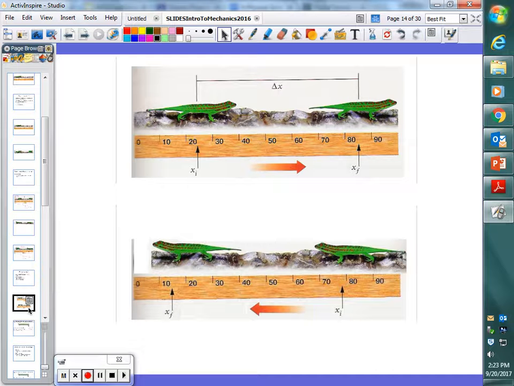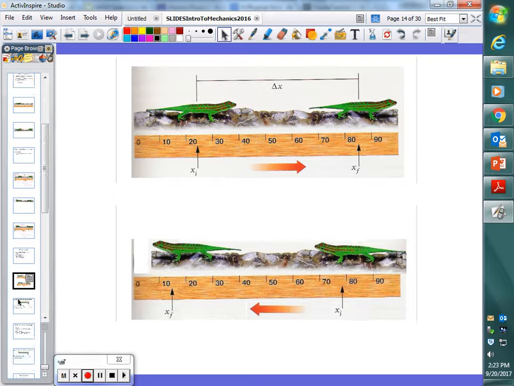Which direction we've gone, right? So we talked about the difference here of these two lizard motions, right? One going one way, one going the other way. How do we distinguish this way from that way? Positive, negative, right? Okay, good there? So that handles where the object is and what if the object moves where it is, okay?